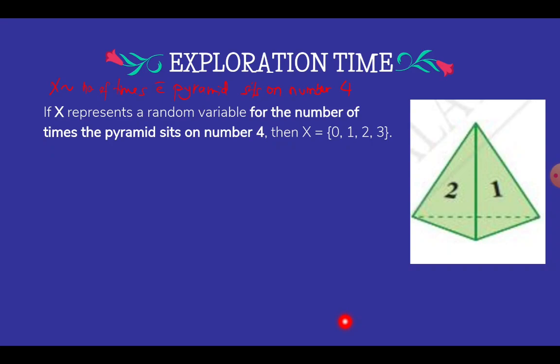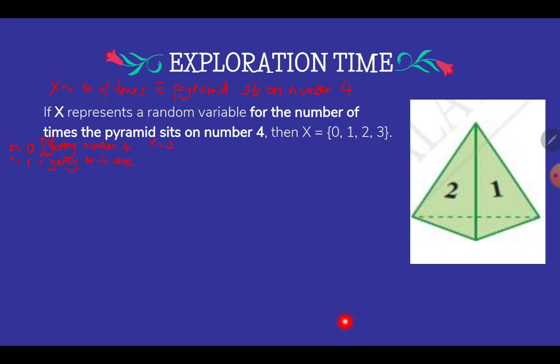So, X equals 0 means not getting number 4. X equals 1, getting number 4 once.